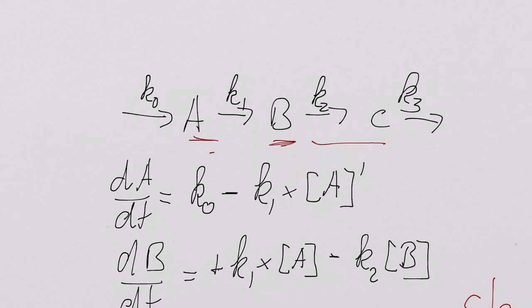A is constantly converted to B. But the big difference here is that we have a steady production of A. It comes in all the time. Yeah? Sometimes it doesn't come in at a very constant rate. It can come in like peaks. But nevertheless, it comes in.